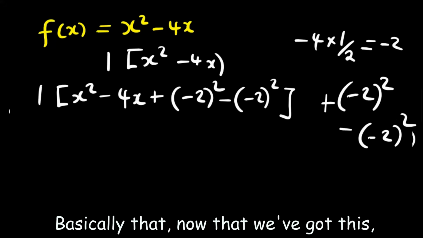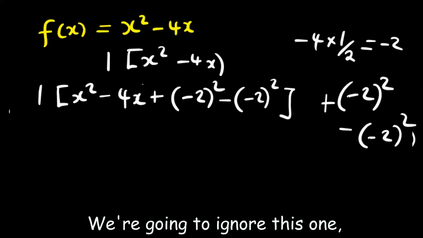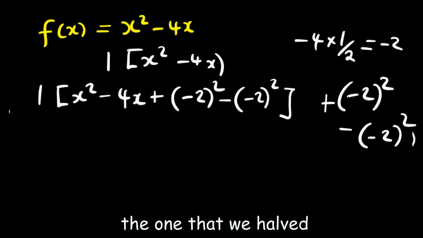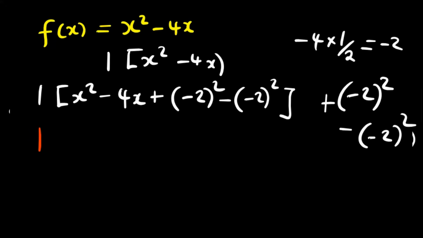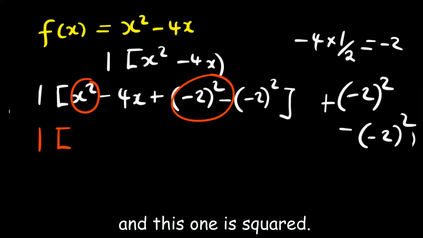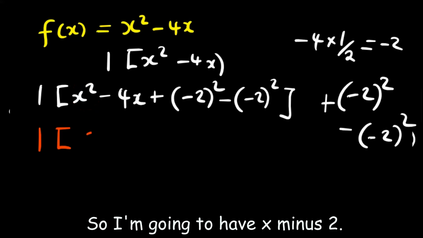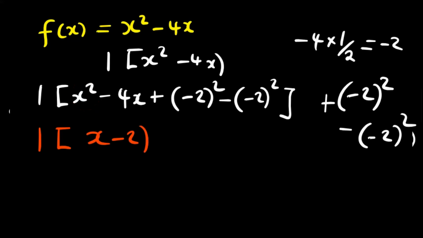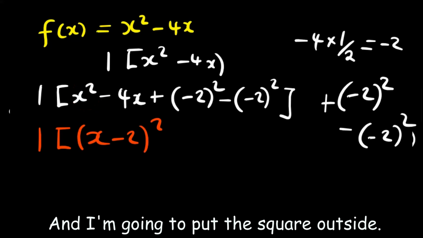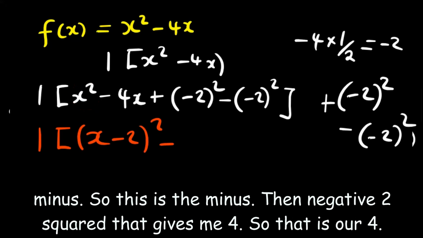Now that we've got this, what are we going to do? We're going to ignore the one that we halved, so I'm going to have my 1 maintained. X is squared and this one is squared, so I'm going to put those in one bracket. So I'm going to have x minus 2, then I'm going to put the square outside. Minus, so this is a minus, then negative 2 squared gives me a 4. So that is our 4.